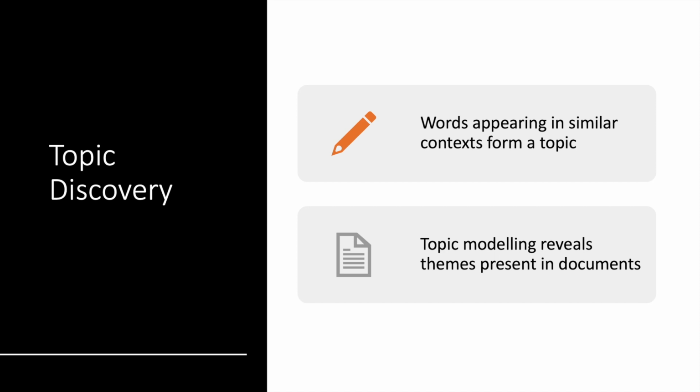Topic discovery, for example: the words appearing in similar contexts form a topic, or the topic modeling that reveals themes present in the documents. Some examples of topics are the ones that come together as app, update, version, Android, iOS, or another bunch: screen, microphone, battery, speaker.